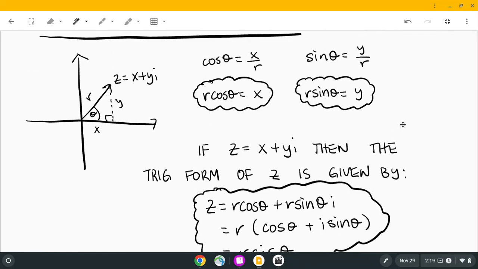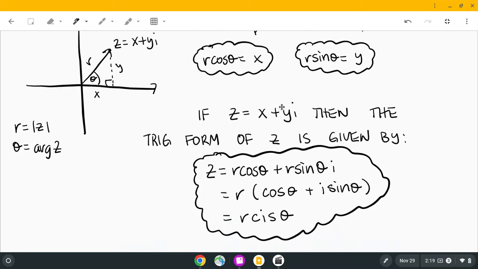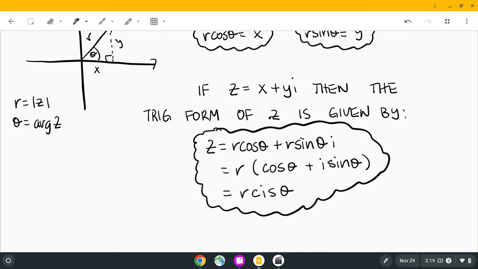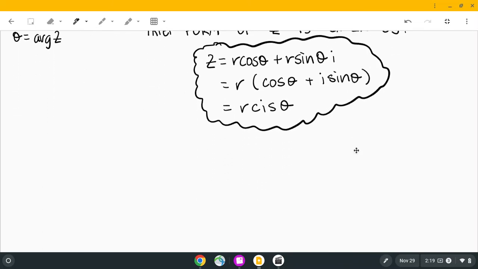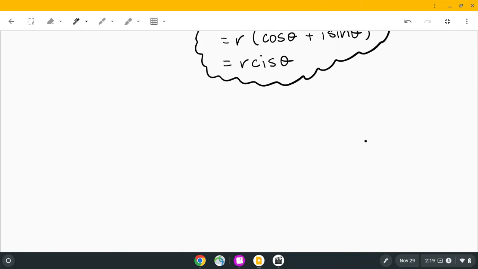Keep in mind that in this graph, r is the absolute value of z and theta is the argument of z. All right, so let's take a standard form of a complex number and rewrite it in trig form.